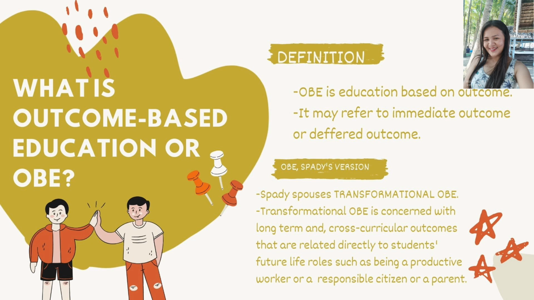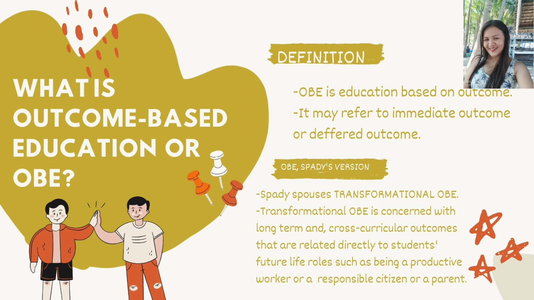For Spady, transformational OBE is concerned with long-term and cross-curricular outcomes that are related directly to students' future life roles, such as being a productive worker or a responsible citizen or a parent. In short, in transformational OBE, learning is not significant unless the outcomes reflect complexities of real life and give prominence to the life roles that learners will face after formal education.